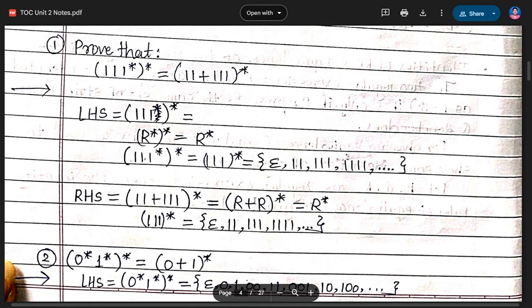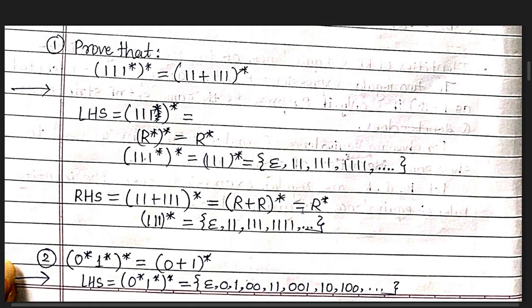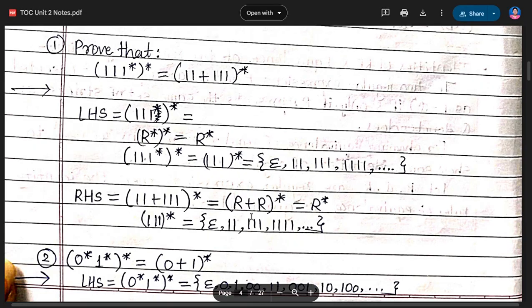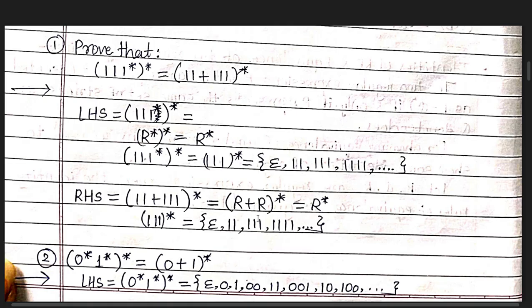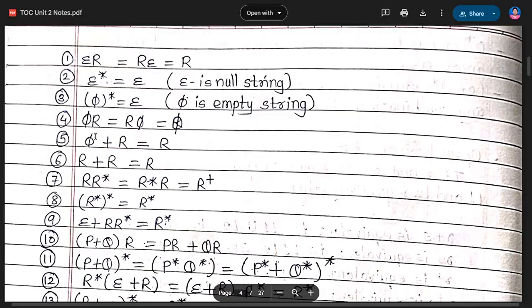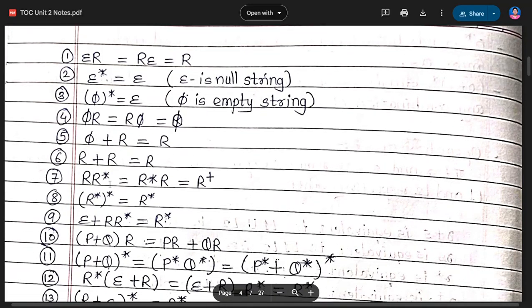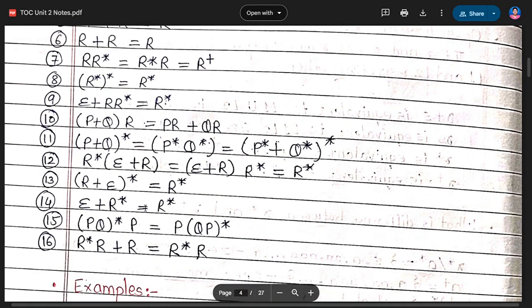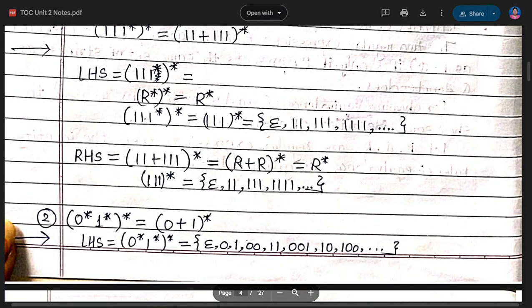We will find the rule for this. It's (R plus R star), and (R plus R) whole bracket star is equal to R star.